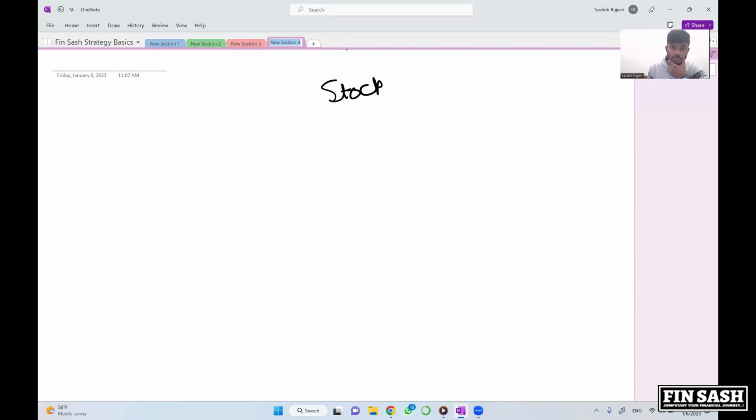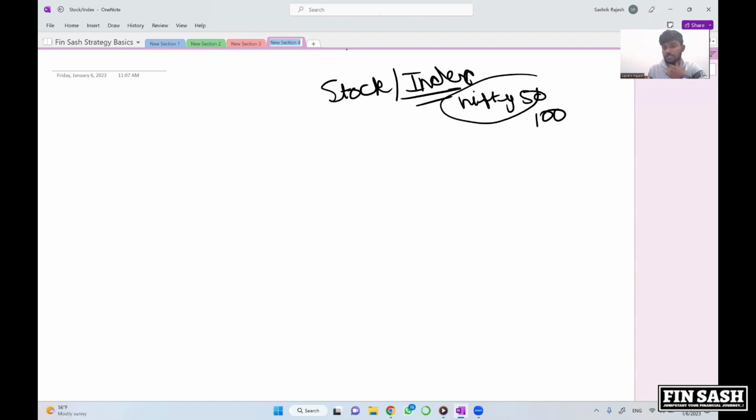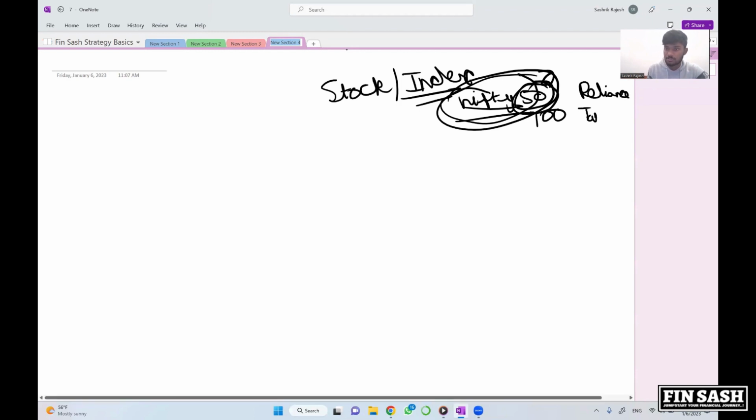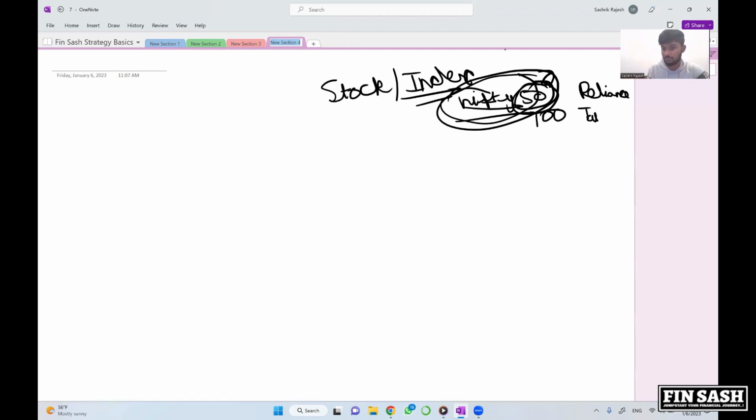So each stock or an index, right? An index could be Nifty 50 or Nifty 100. Nifty 50 is the first 50 companies which are in Nifty. So Nifty is the Indian market. The first 50 companies, for example, Reliance, Tata Motors, make up the Nifty 50, then the first 100 companies, and then it moves on to 500, right?